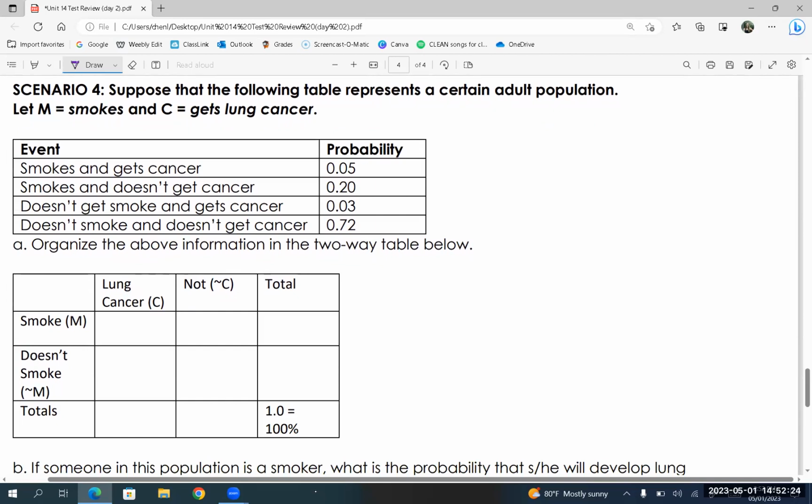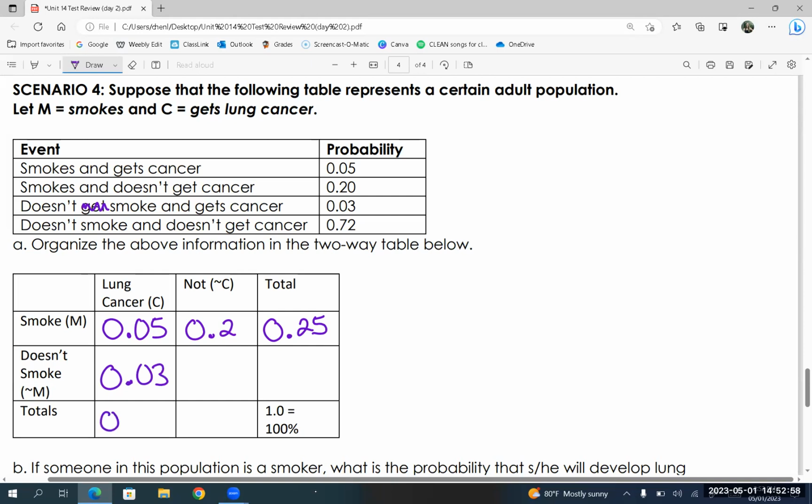Okay, so they said smoking and getting cancer is 0.05. Smoking and not getting cancer is 0.2, which if we add those together gives a total of 0.25. Next, doesn't smoke and gets cancer is 0.03, so that goes right here.